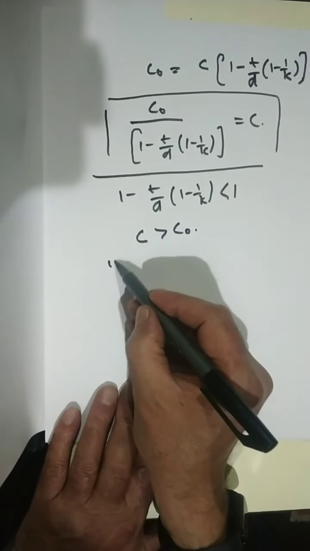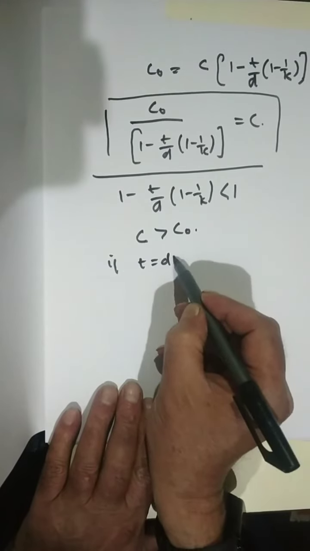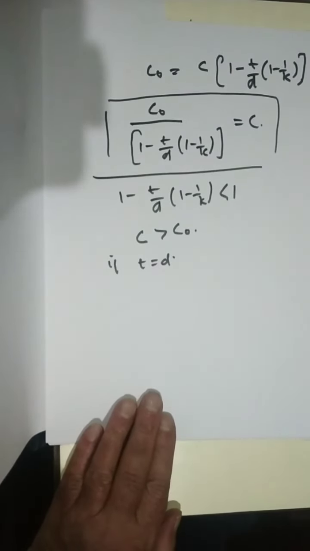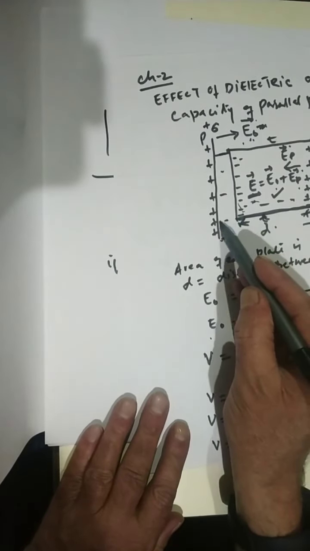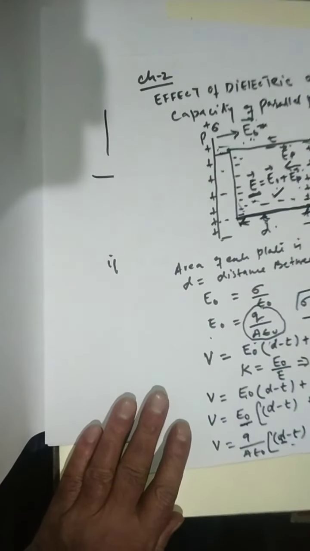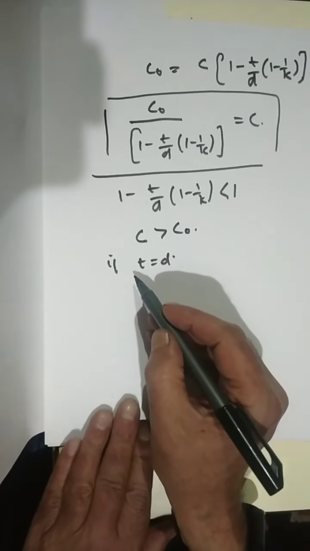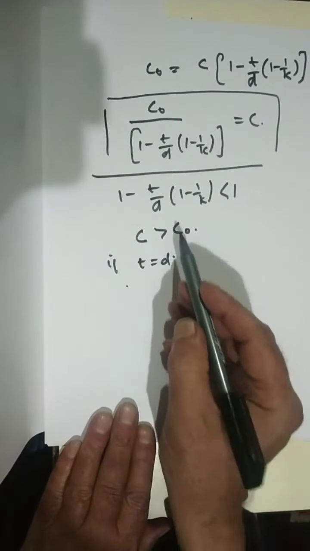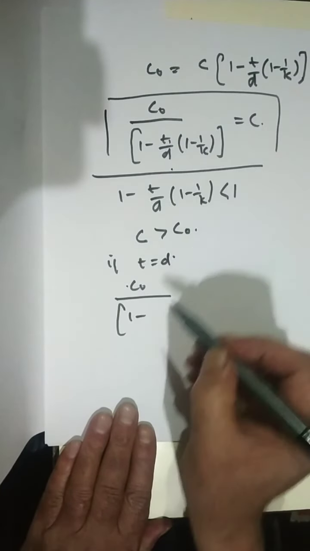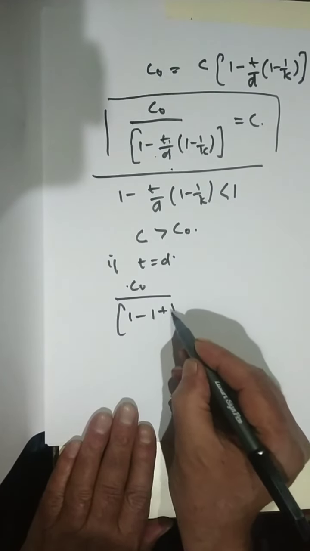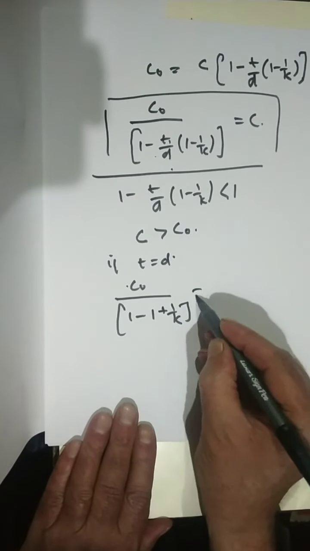Now, if T is equal to D, that is, if the thickness of the dielectric we have inserted fills the whole gap completely, so T will be equal to D. So if we substitute T equal to D, then we will get C is equal to C0 divided by 1 minus 1 minus 1 by K, that is C0 by 1 by K, which is equal to K C0.